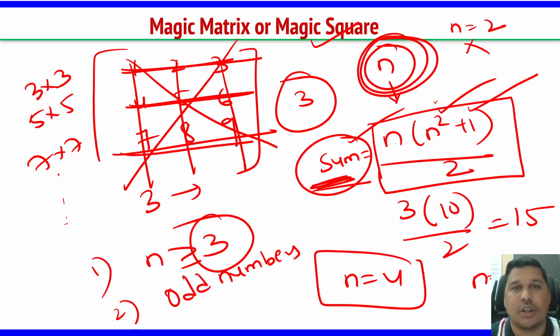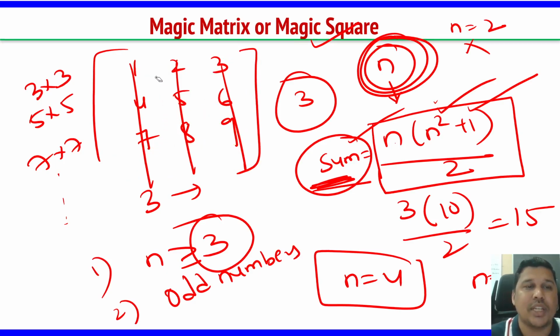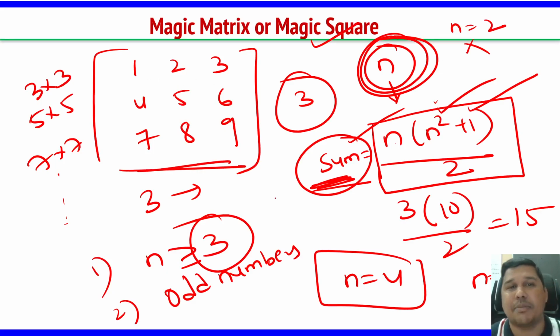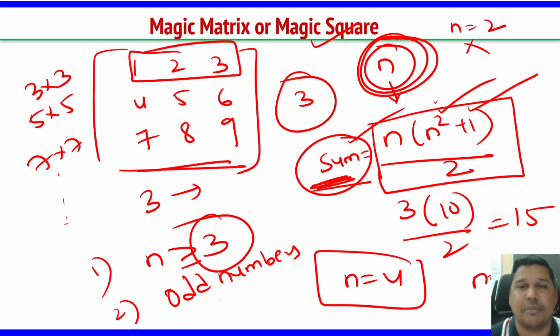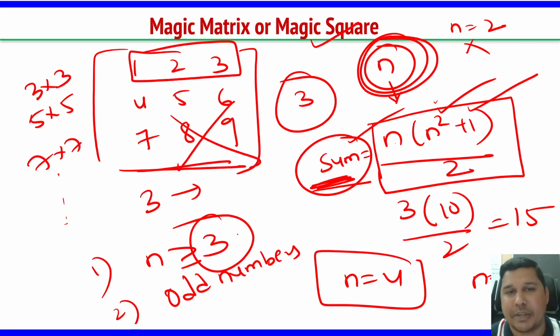If all of them are satisfied, rows, columns, everything, then you can conclude that yes, the given matrix is a magic matrix. In the example I gave, with numbers 1, 2, 3, this is not a magic matrix. It is a 3 by 3 matrix, and the sum of each row and column should be 15, but this is not 15. So we can say this is not a magic matrix.